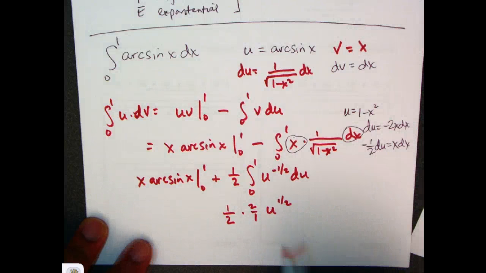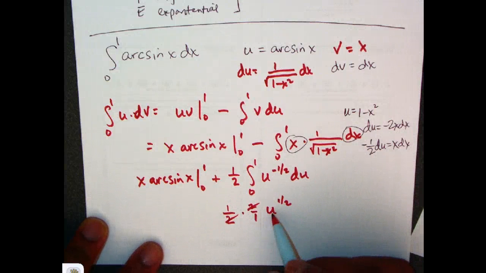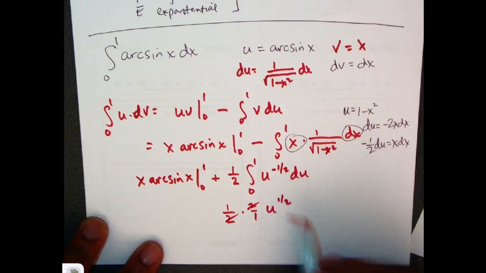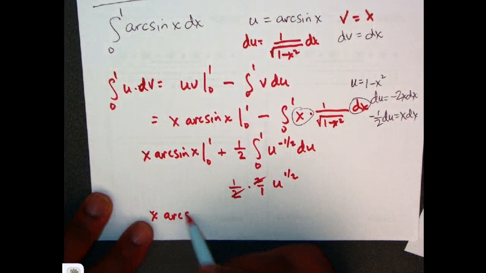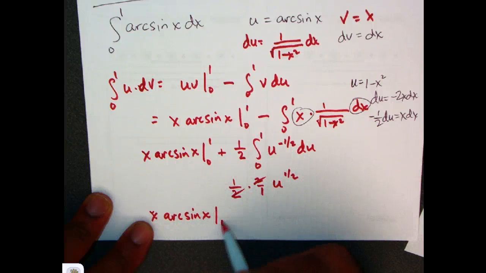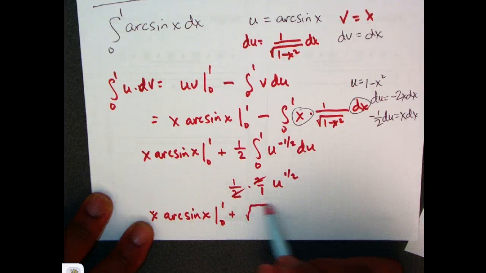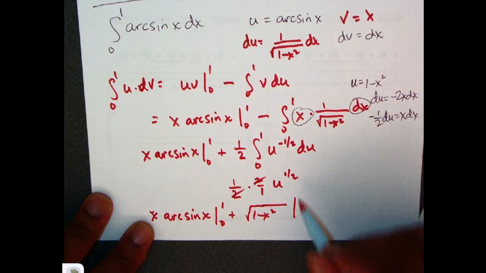And back substituting in, we're just going to get u to the 1/2. So we have x arc sine of x evaluated at 0 and 1 plus square root of 1 minus x squared evaluated from 0 to 1.